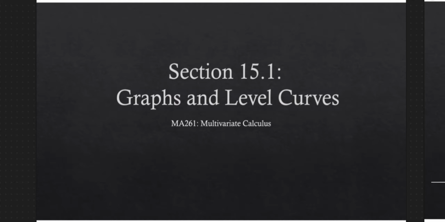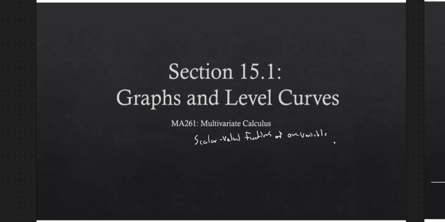Now, we begin Chapter 15 with a departure from vector-valued functions. So let me remind you about the sorts of functions that we have so far. We know we have scalar-valued functions. These are the ones that we're familiar with from, say, Calc 1, the ones we worked with there. In Calc 1 we did scalar-valued functions of one variable.